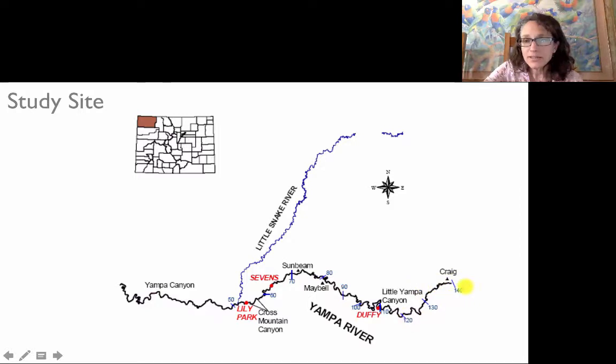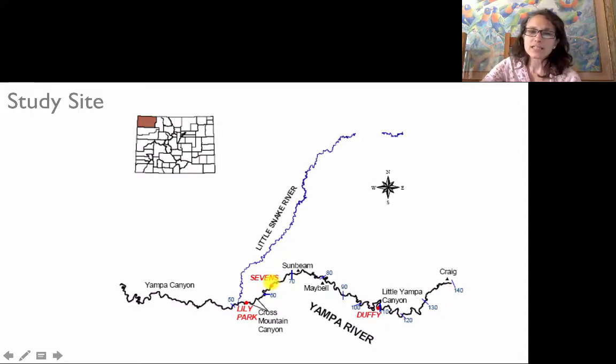The Yampa is draining, so this is Craig, where the big coal-fired power plant is, and Steamboat is much further upstream. We're looking at the Sevens Reach right here, which is just upstream from Cross Mountain Canyon. Lily Park right in here is where the put-in is for the Yampa Canyon, and Dinosaur National Monument is right here. So we're upstream from that, in a really highly grazed area.